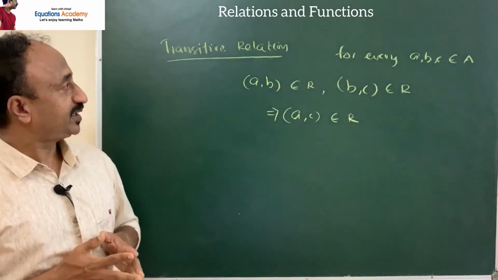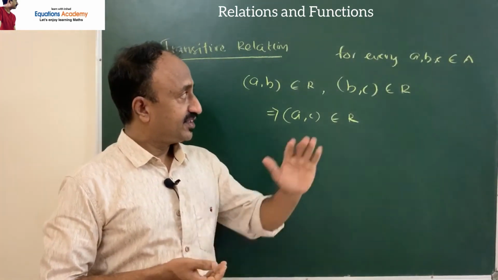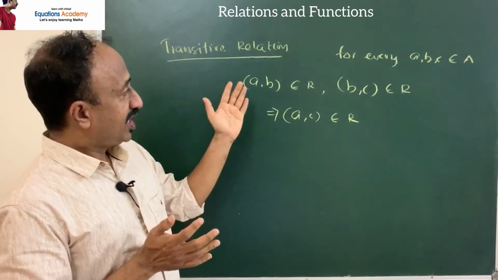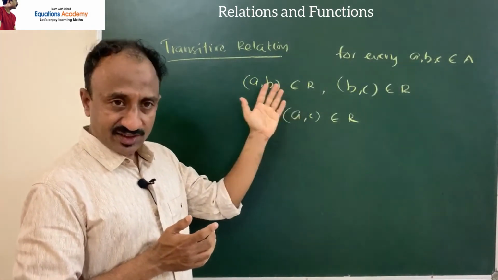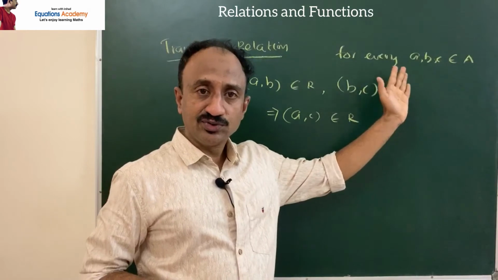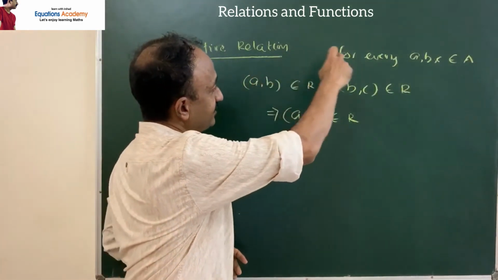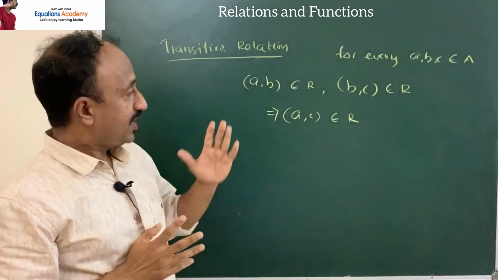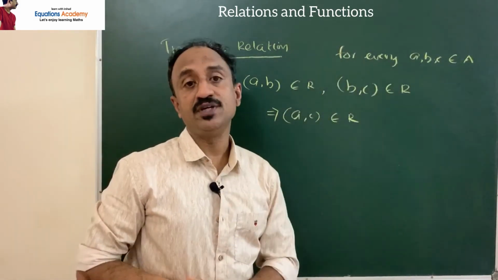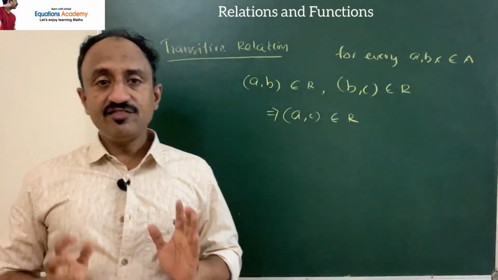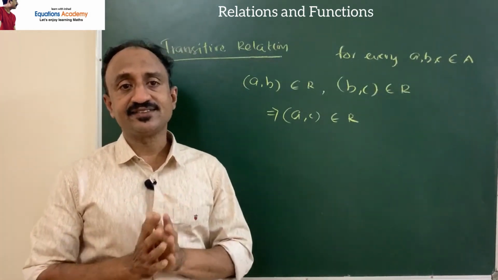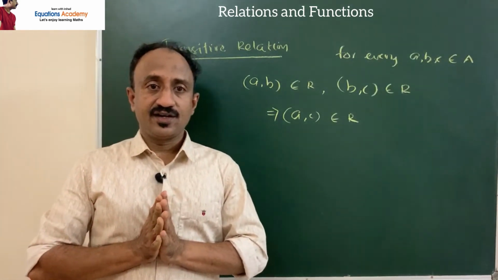Next is transitive relation. Its definition is: for every a, b, c belonging to the given set A, if (a, b) belongs to R, the ordered pair (a, b) belongs to the relation R, and (b, c) belongs to the relation R, which implies (a, c) belongs to R. That is, (a, b) belongs to R and (b, c) belongs to R implies (a, c) belongs to R for every a, b, c belonging to the given set A. If a relation is reflexive, symmetric and transitive, then we call that relation an equivalence relation.